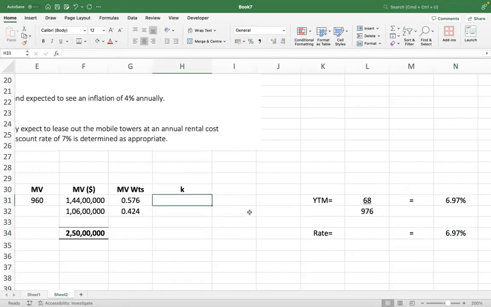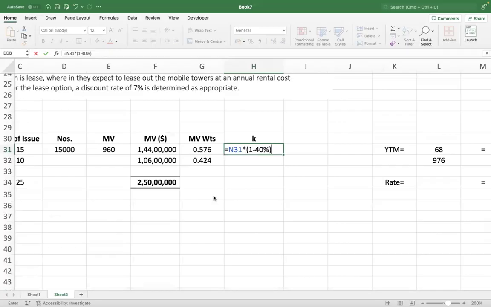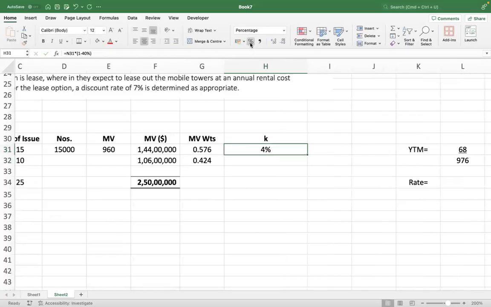So what is the cost of debt I should take? So cost of debt would be what? It will be 6.97% into 1 minus tax rate, which is 40%, which is what? 4.18%.